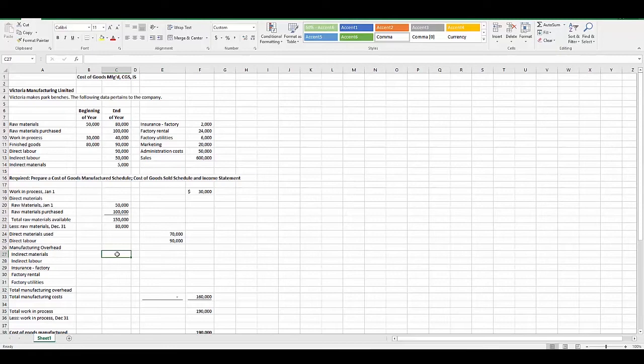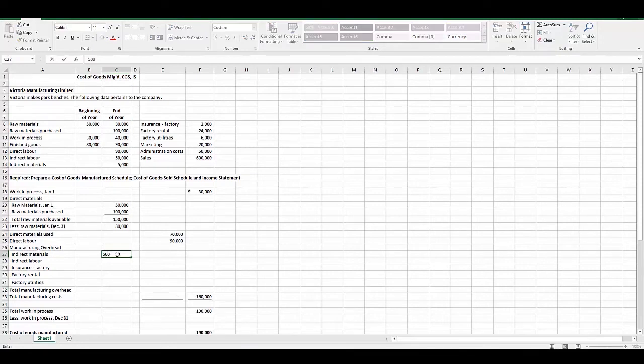So indirect materials generally refers to the small items that you need to run your operations. So it could be small nuts and bolts and lubricants, things of that nature. So generally small amounts that you need to run your manufacturing department. So in this case, we're told that our indirect materials are $50,000.